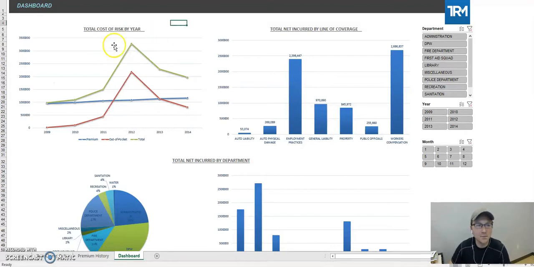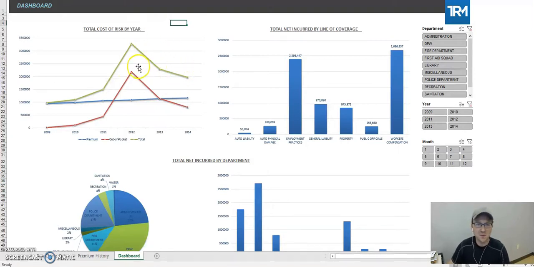So right off the bat, in the top left-hand corner, you should see this total cost of risk by year chart. Essentially, total cost of risk works out to what you pay in your premiums, what you pay for any claims in terms of your deductible, and then you can even add in some loss expenses associated with your training expenses, or maybe overtime, or whatever budget line item is associated to your loss control or your risk management team.